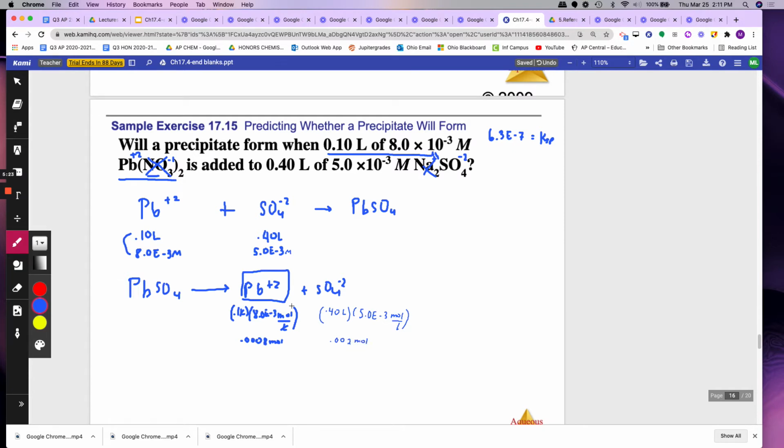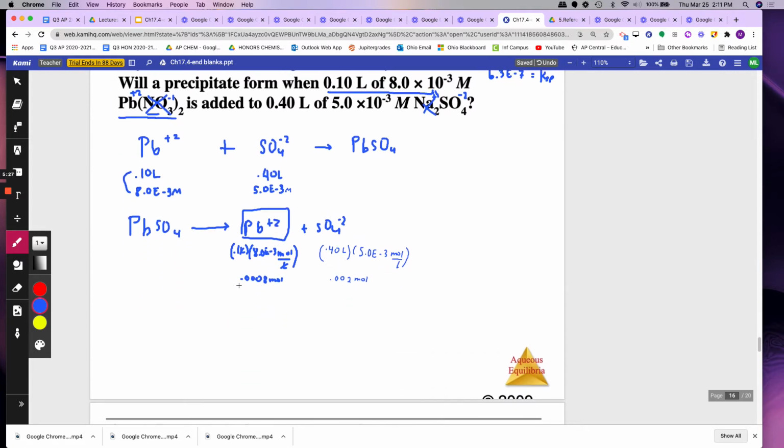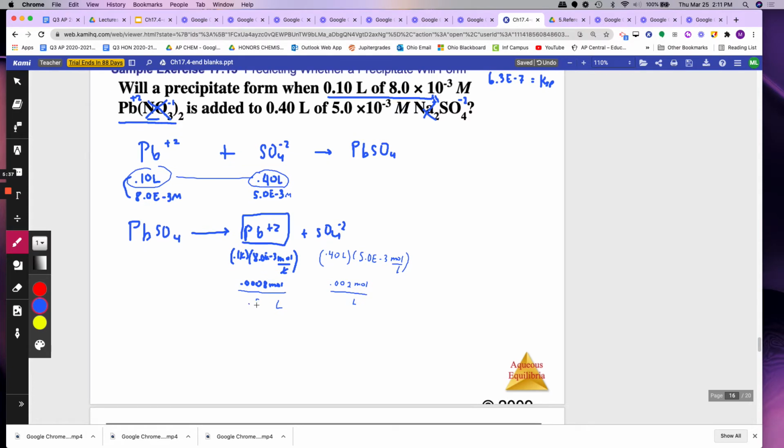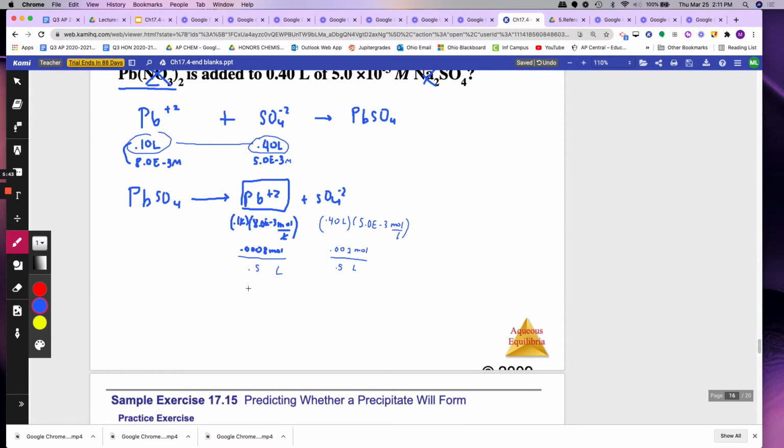Okay? Because the equilibrium expression has molarity in it, you have to divide it by liters. And because you mix them together, you have to add this and this together to make 0.5 liters, okay? Now you have molarity. So that divided by that is 0.0016, and these two divided is 0.004.